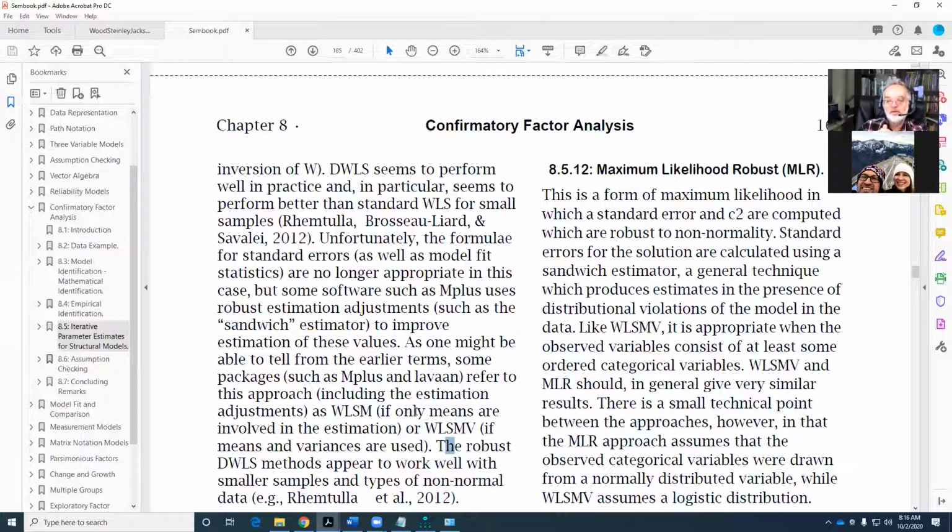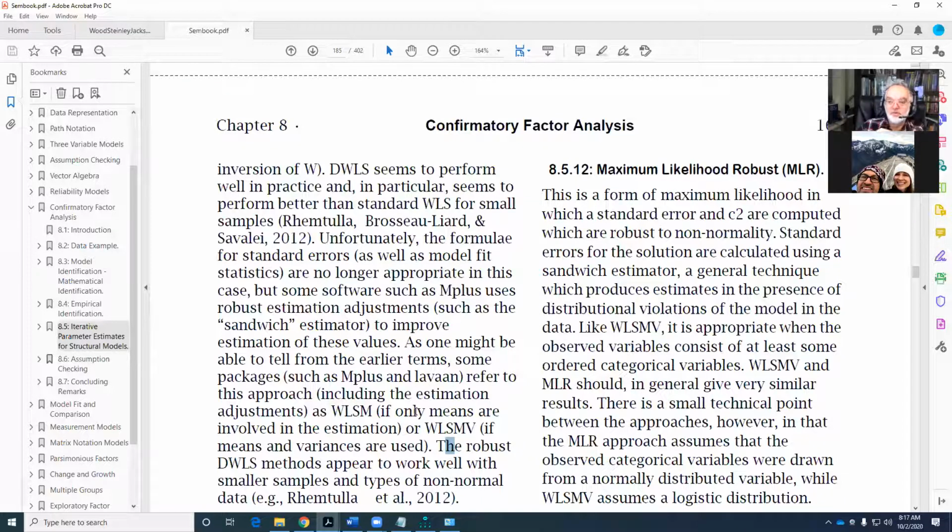If you happen to have a smaller sample, and if you happen to have missing data, you may want to consider maximum likelihood robust estimation instead. Even if you have continuous variables, you may want to explore MLR. So rather than saying estimator equals ML, you say estimator equals MLR.